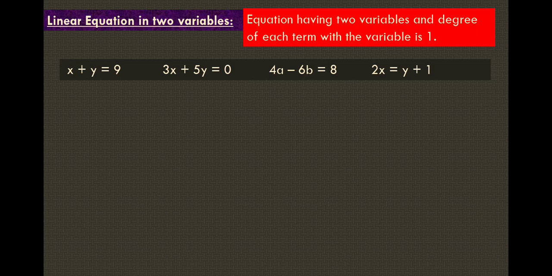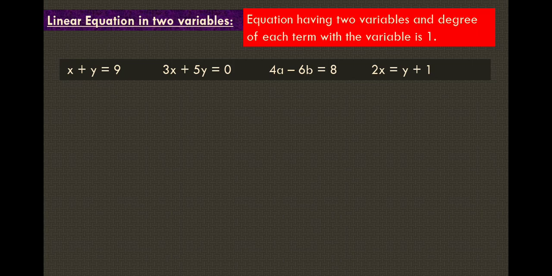Each term means, see the second example, 3x plus 5y equal to 0: 3x is one term, 5y is one term. So the degree of each term should be equal to 1. Each of these examples is a linear equation in two variables.